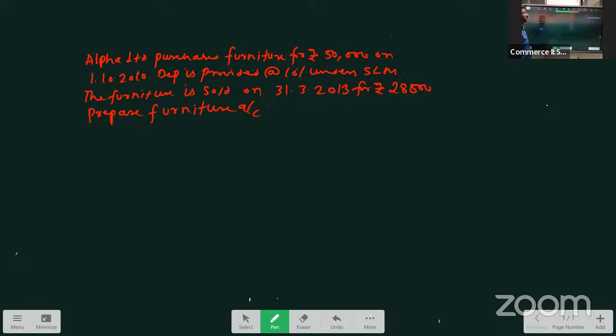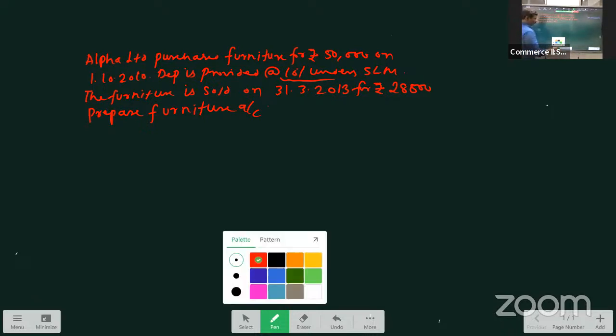Alpha Limited purchased machinery for rupees 50,000 on 1st October 2010. Depreciation is provided at the rate of 10% under straight line method. The furniture is sold on 31 March 2013 for 28,000. Prepare furniture account. Okay.